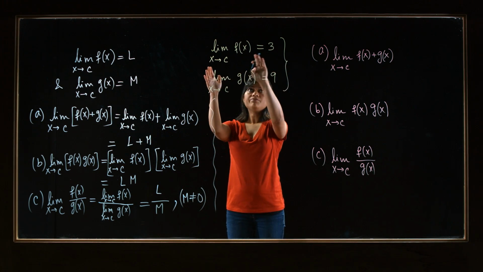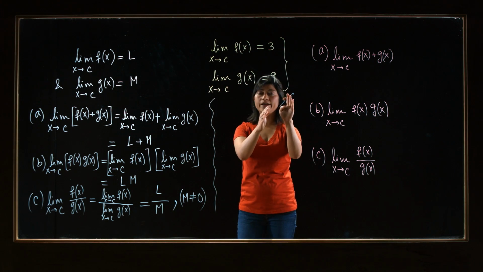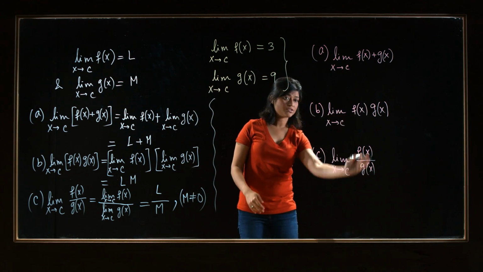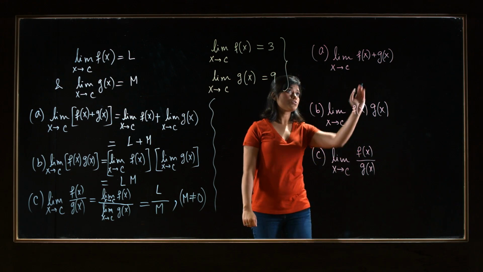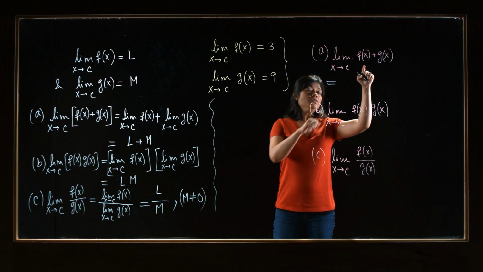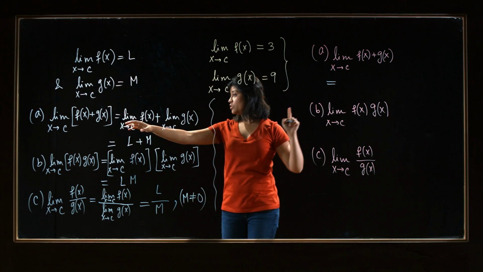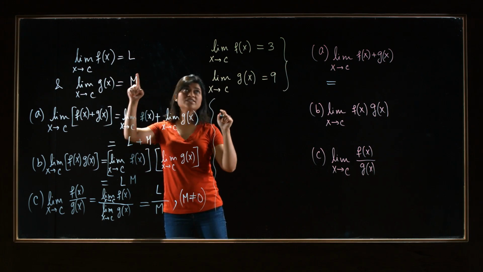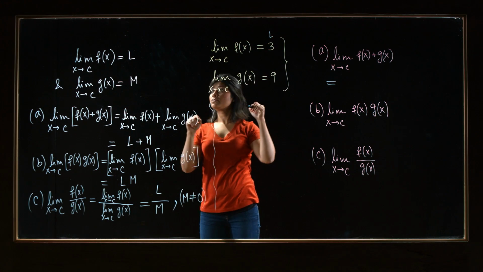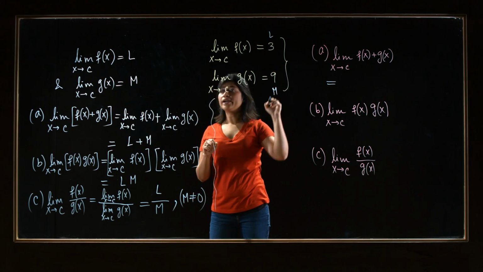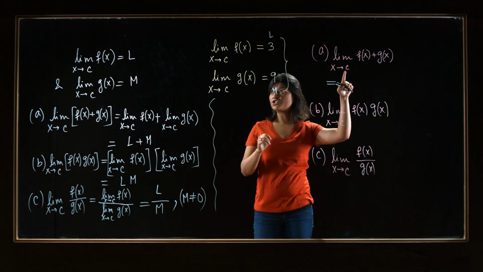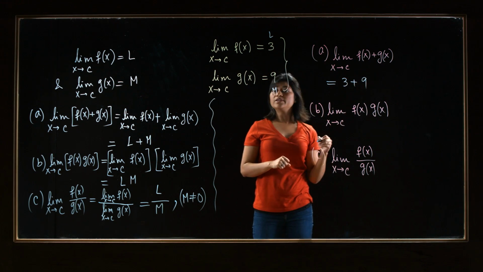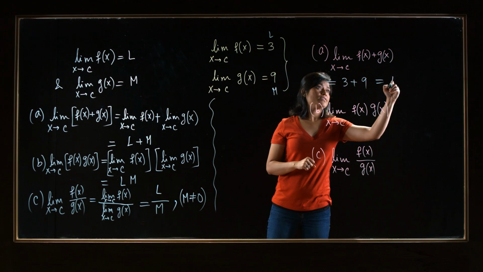We have the limit of f is 3, the limit of g is 9, and we have to apply these operations and figure out these three limits. So the first one, the limit of f(x) plus g(x), is just L plus m. And what is our L? L is 3. What is our m? It is 9. So this limit is just adding the two numbers, 3 plus 9, and that is 12.